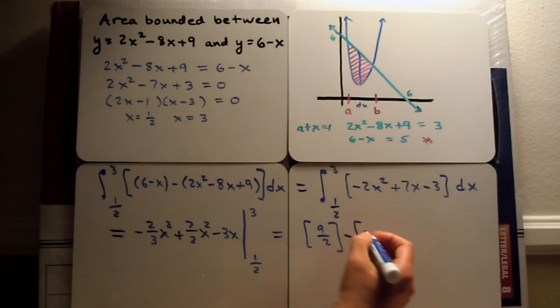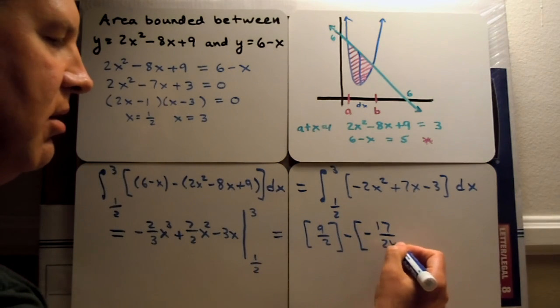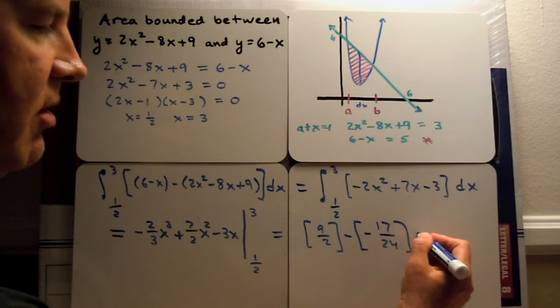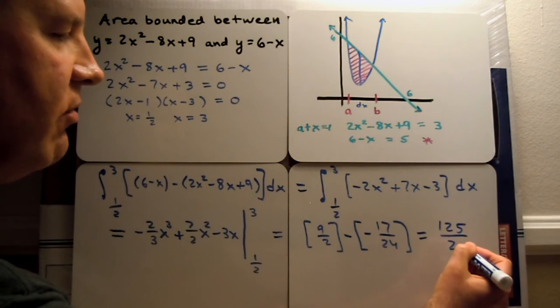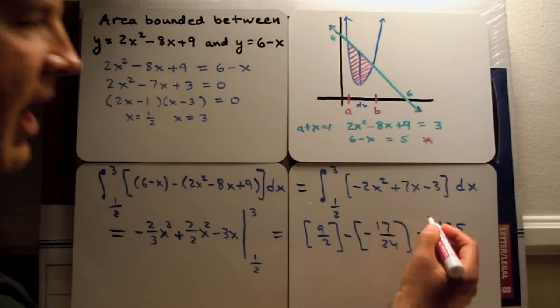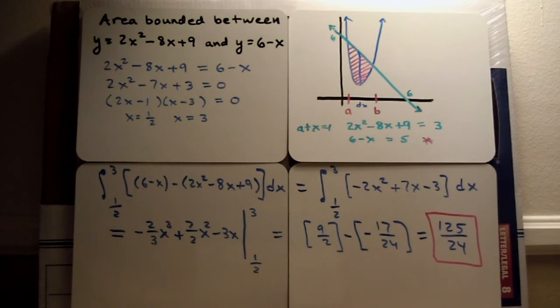As a simplified fraction, we could get by hand or through the calculator negative 17 over 24. And then adding these together, we're going to arrive at 125 over 24, which is just a little bit more than 5, as a reduced fraction, our area bound between the two curves.